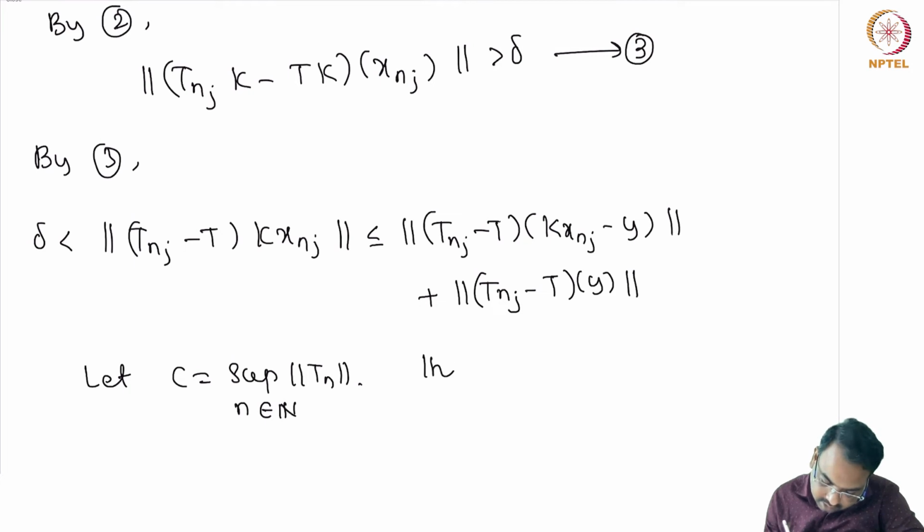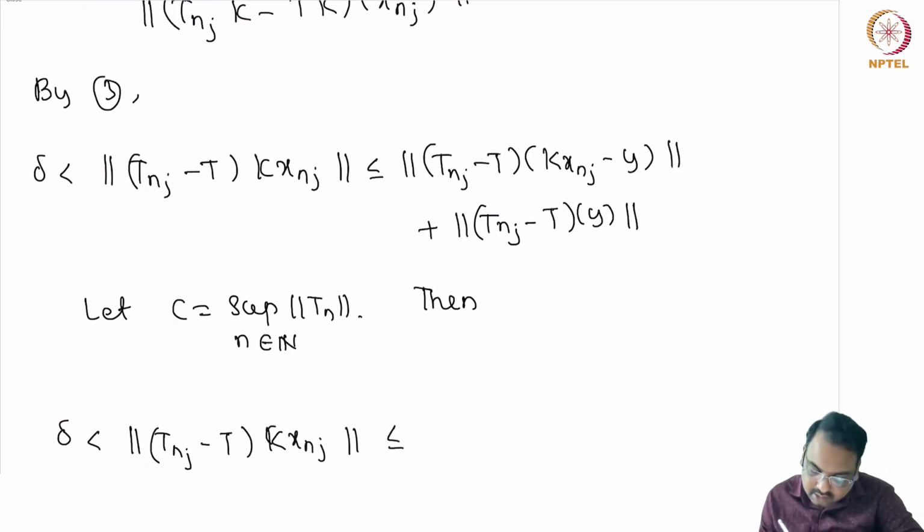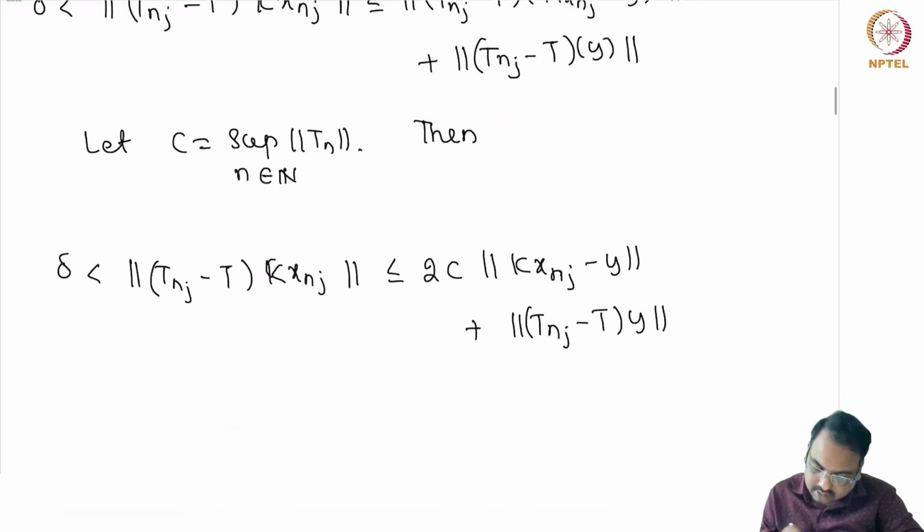So delta is less than norm Tnj minus T acting on K xnj, which is less than or equal to 2C norm of K xnj minus y plus norm of Tnj minus T acting on y.